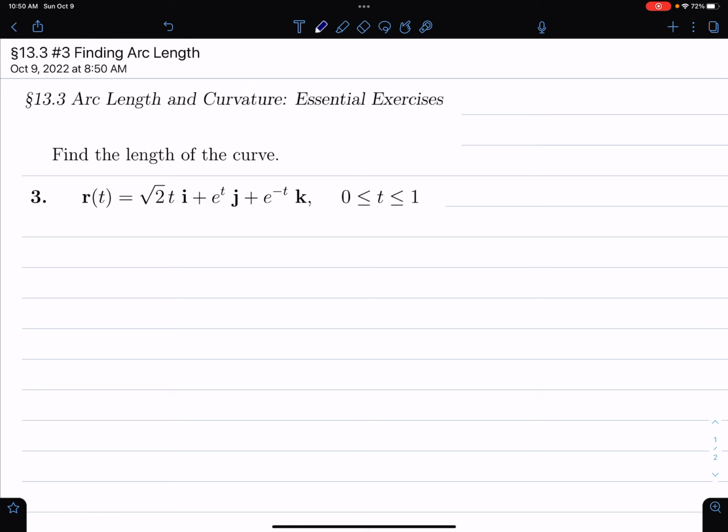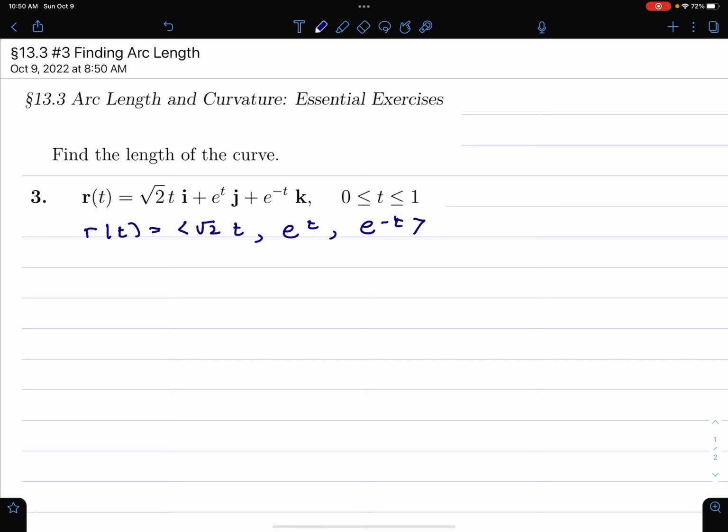So what we're going to have is a curve here. First of all, I'm going to start by writing this vector function in component form, because I sometimes like it that way. That's component form.